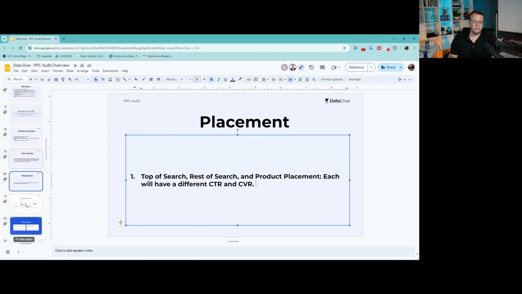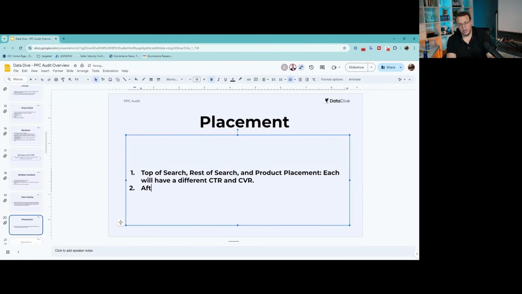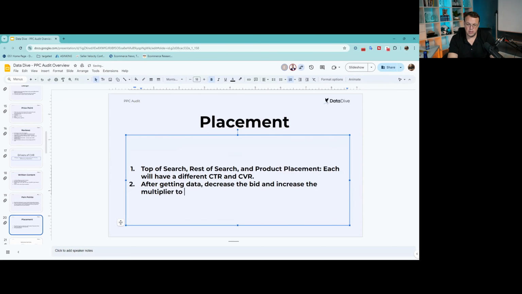So what can you do about it? After getting data, decrease the bid and increase the multiplier to steer the ad towards the highest CVR.